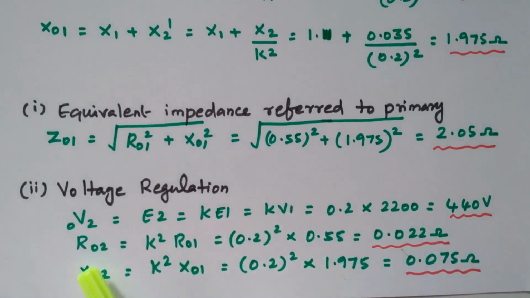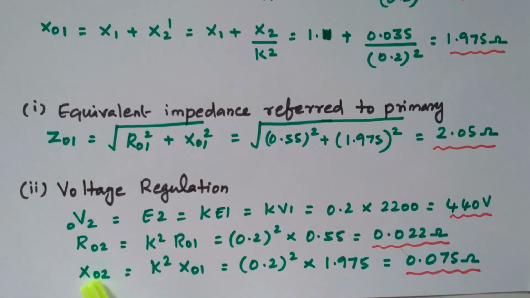R01 and X01 are already calculated. Now I will calculate R02 and X02, because in the regulation we need these parameters. R02 equals K square into R01, so 0.2 square into 0.55, which gives R02 as 0.022 ohm.